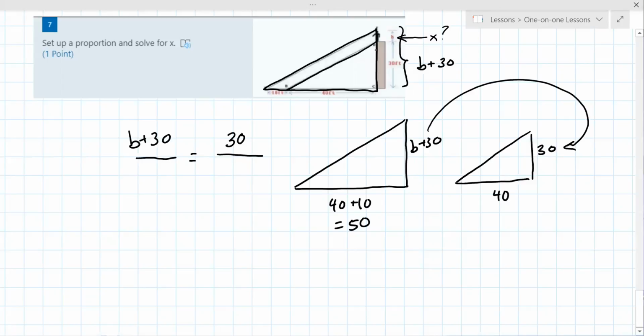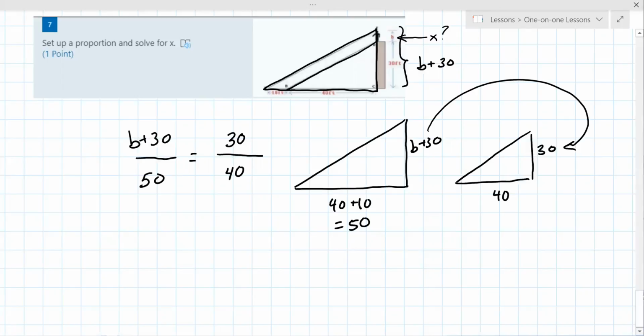And then that's this one here. So the right side corresponds to the right side. Then the 50 goes with the B plus 30, 40 goes with the 30, so it goes here. If any of that's unclear, we can try again, but the setup is like this.